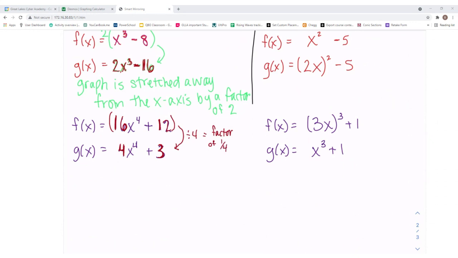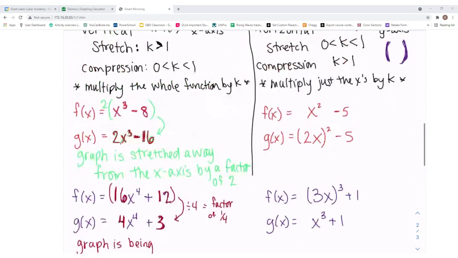So we would say the graph is being, now this is where if it's a fraction like that, the word is compression. So if that number is between 0 and 1, in other words, if it's a fraction, then we'd say it's being compressed. Let me come up here so we can see.